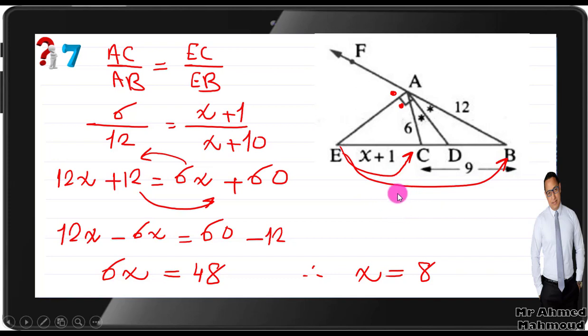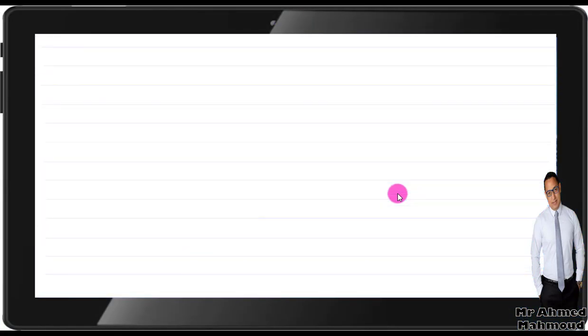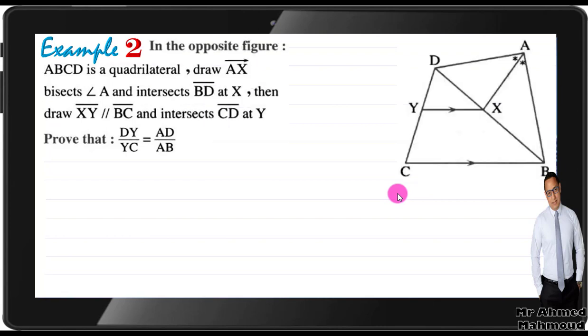Okay, now the next. This is example 2. In the opposite figure, ABCD is a quadrilateral, draw AX bisecting angle ABD and intersecting BD at X, XY parallel to BC.